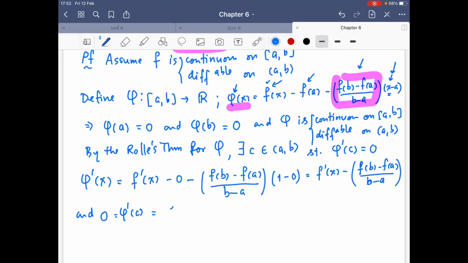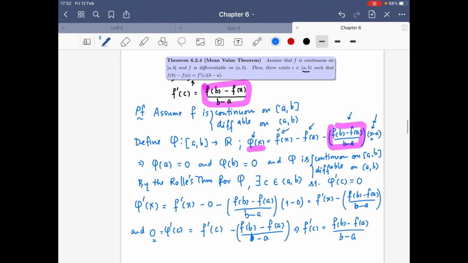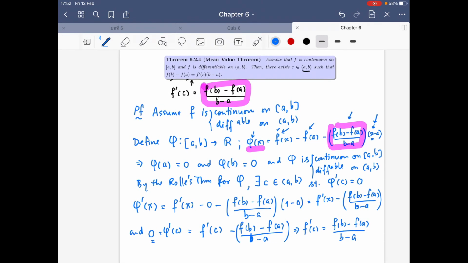So it is f prime at c minus this quotient, f(b) minus f(a) over b minus a, and it equals 0. So you got your equation as required, which is the equation that you need for the mean value theorem.